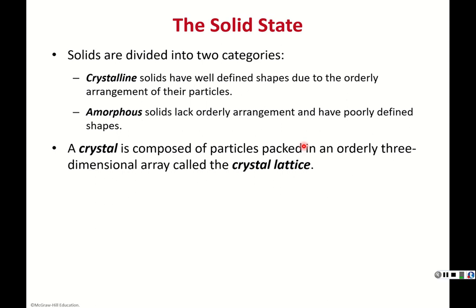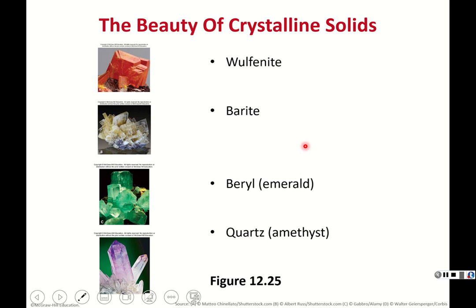It's very orderly, and its pattern repeats itself. Looking at some macroscopic views of crystals, here are a few of them, and as you can see, they're orderly, even on a large scale. You can see this with your eyes, right? You can see how well defined these shapes are.